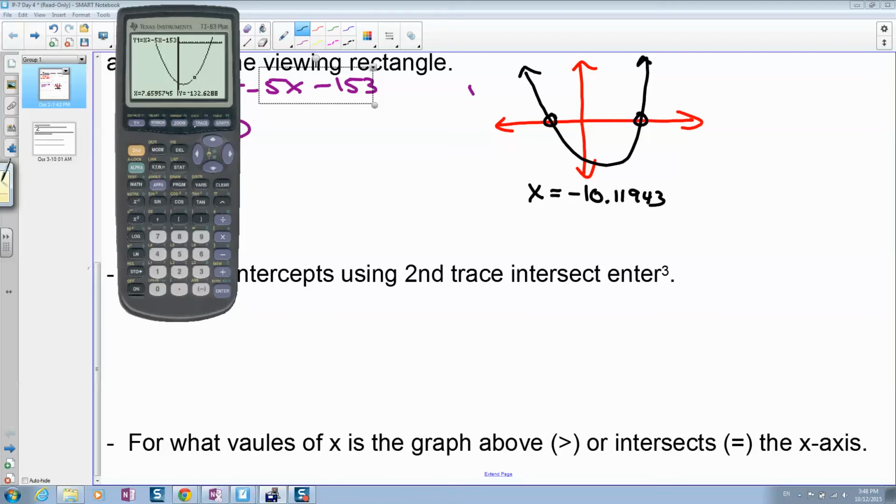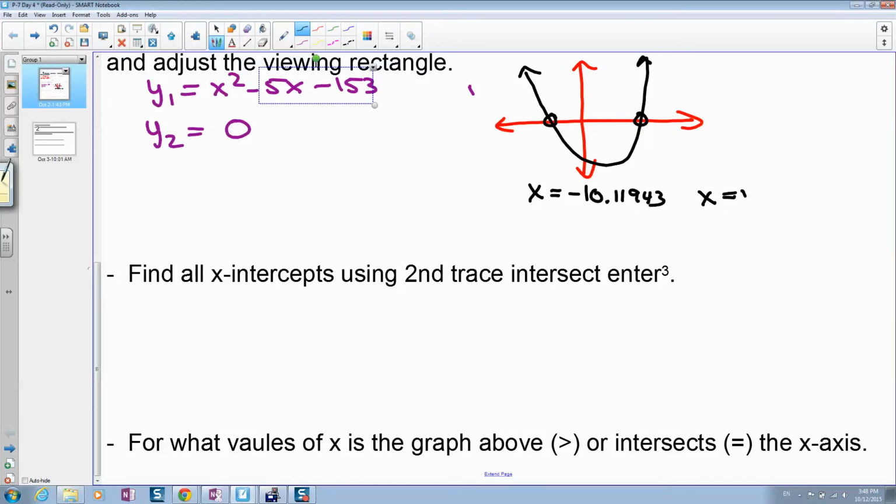That's good. Then you go second trace, intersect, enter, enter, enter, and it's 15.119429. Okay, so those are your two intersection points.